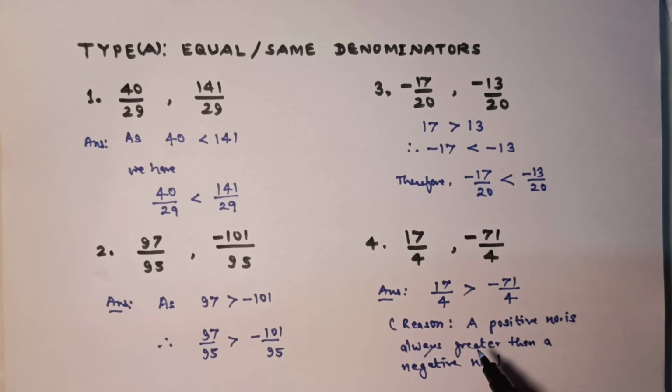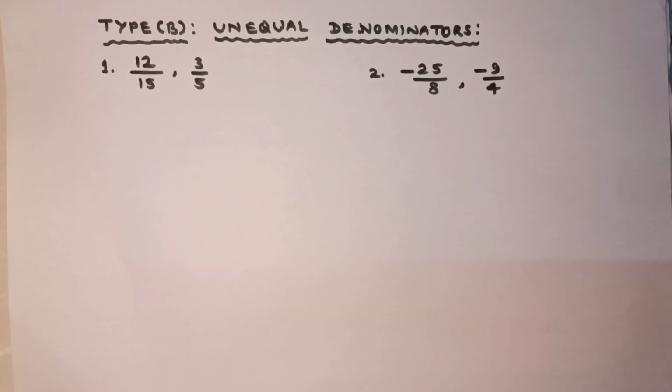Repeating again, your answer will be 17 upon 4 is greater than minus 17 upon 4, because a positive number is always greater than a negative number. Thus we completed the problems having equal denominators.